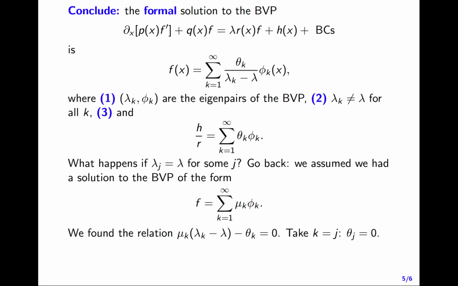We need to have theta j equal to 0. So let's go back a little bit. Theta j is the inner product of h against phi j in L2 divided by the L2R norm squared of phi j. So if theta j is equal to 0, that means that the inner product of h against phi j in L2 is equal to 0.